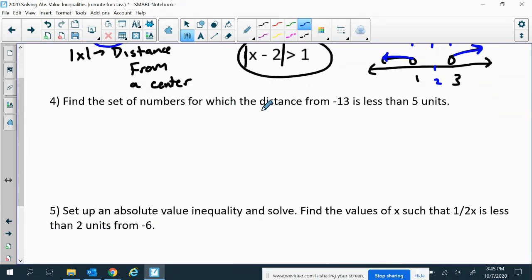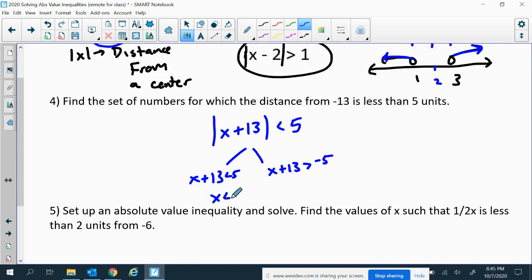Find the set of numbers for which the distance from negative 13 is less than 5 units. So if I want the distance from negative 13, I would write absolute value of x plus 13, and I want it to be less than 5 units away. So then I could break this into two cases. And I get x is less than negative 8, x is greater than negative 18.